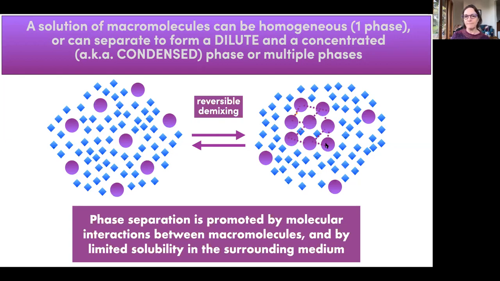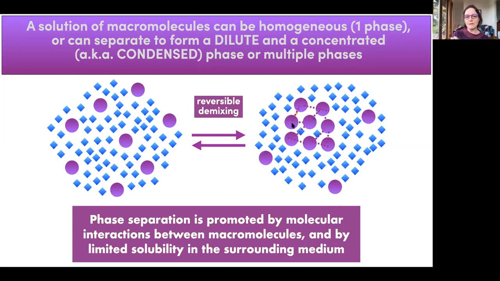Sorry, so you said the one on the right is the condensed phase? This purple cluster with the bonds between the purple molecules is the condensed phase, and what's surrounding it is the dilute phase, where you still have some of these purple molecules. They're not bound together. They're solvated, completely surrounded by the solvent, but here they're making interactions with each other to form a condensed phase.